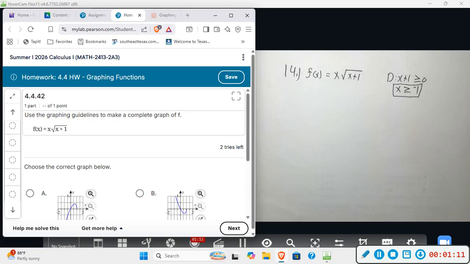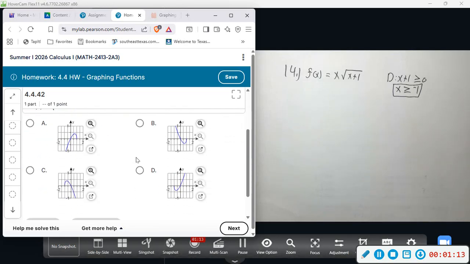So based on that, I can look at some of these graphs and see how some of them are continuing to go left and run off the page. I would eliminate this one because this is going past negative 1. And then I would also eliminate B. It's going up, but it's also going left.